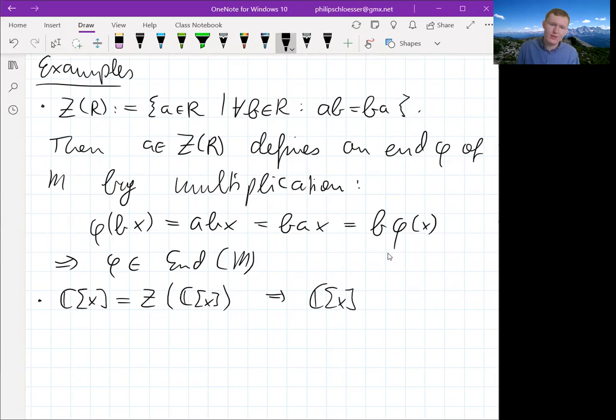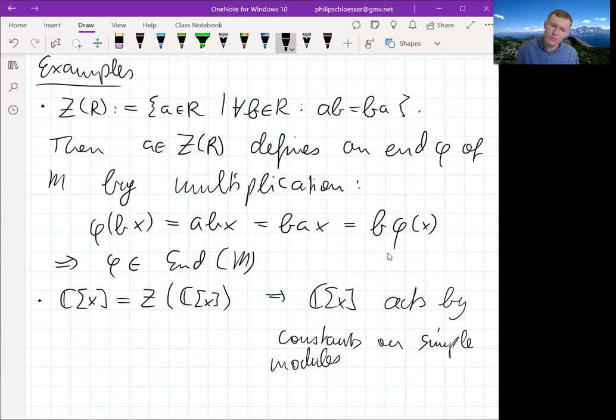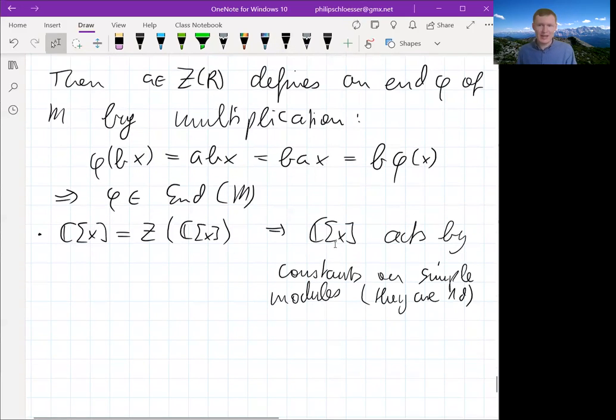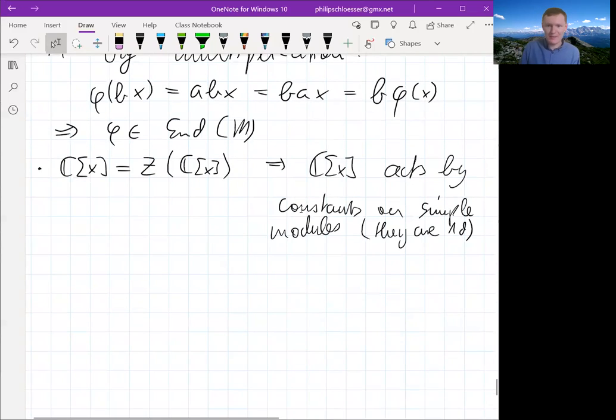And you can only act on a one-dimensional vector space linearly by multiplication with a constant.